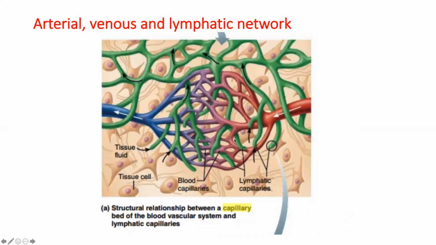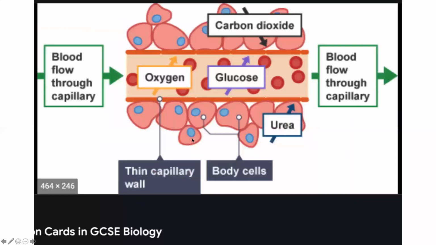There will be exchange, and look at that, our lymphatic capillaries, they are also mixed and meshed in between the blood capillaries, so that if there is any leftover or leakage from this transfer process between the capillary and cell, they will be picked up by the lymphatic capillaries.